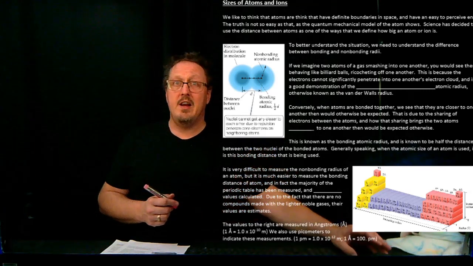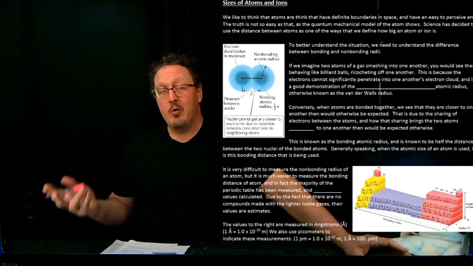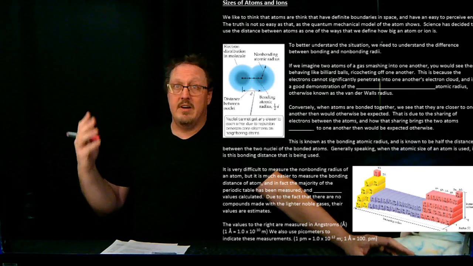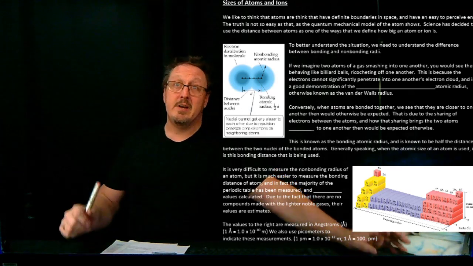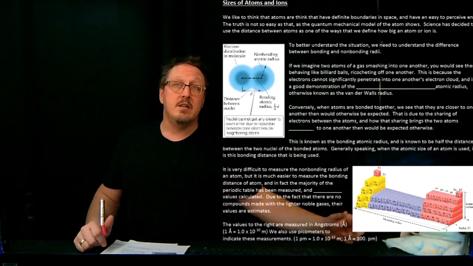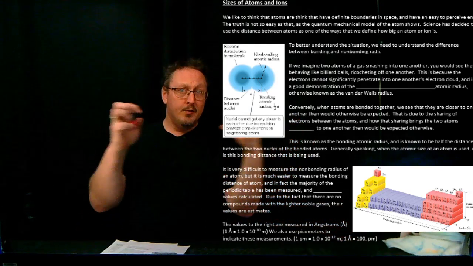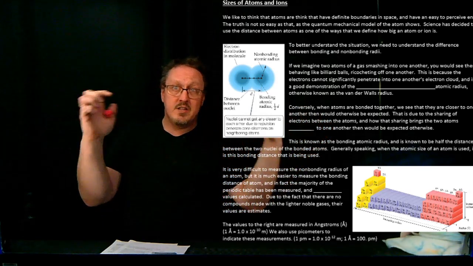Here's a graphic that hopefully will help us. Imagine that atoms are billiard balls smashing up against one another on a pool table. We have very elastic collisions when you're playing pool. Those balls don't compress or change, they just mash together.